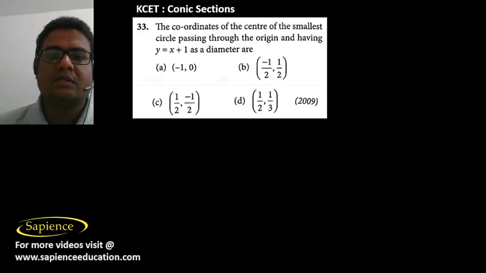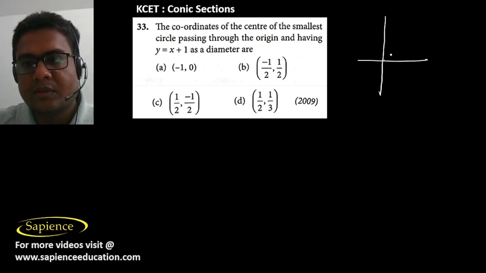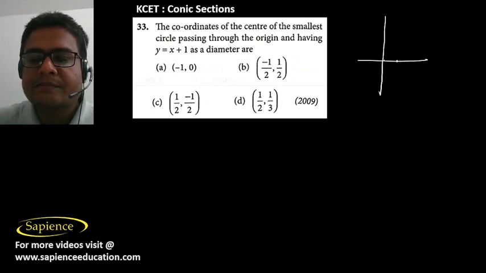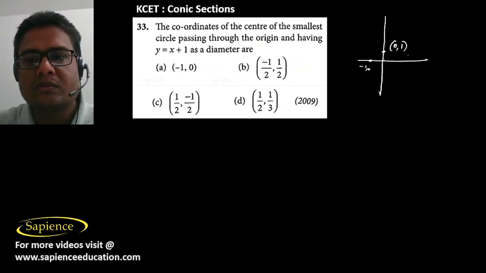Then it is told that the coordinates of the center of the smallest circle passing through the origin and having y equal to x plus 1 as a diameter. So y equal to x plus 1 will intersect the y-axis at 0 comma 1, and it will intersect the x-axis at minus 1 comma 0.